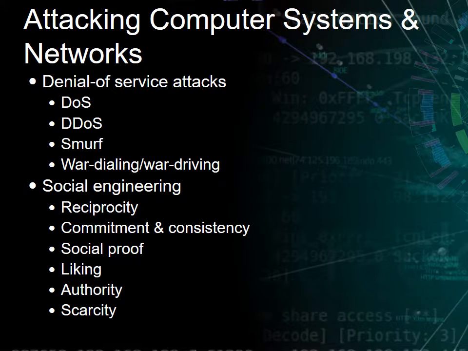Some distributed denial of service attacks can get up into the gigabits of network traffic going across the network at one time against a single system, basically overwhelming the capability of the internet service provider to provide the bandwidth in order for that system to keep working.